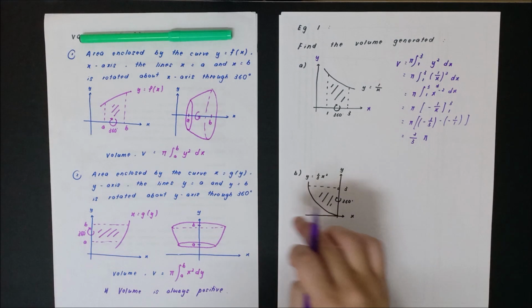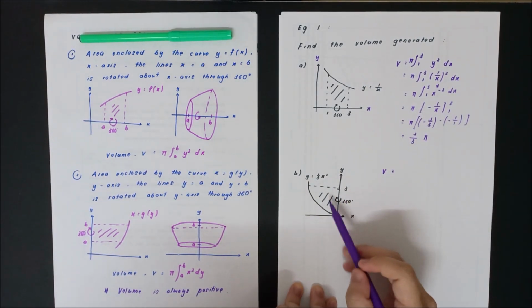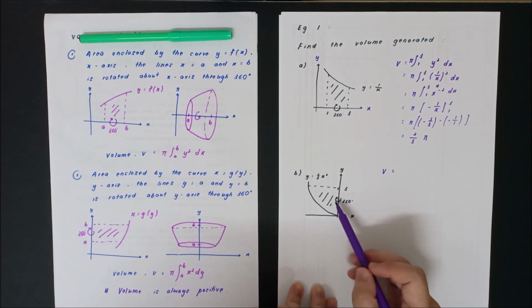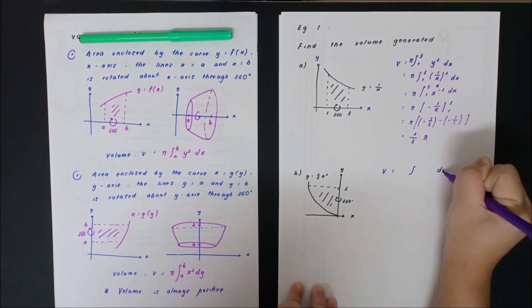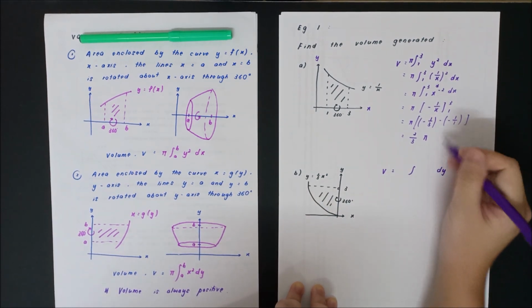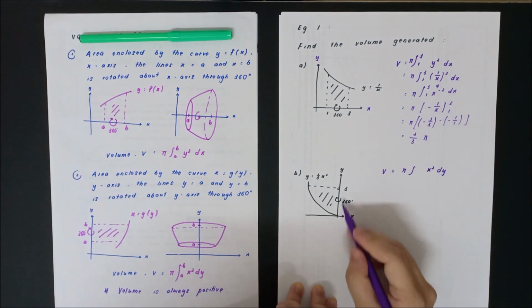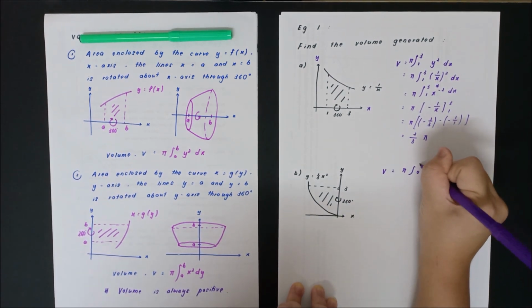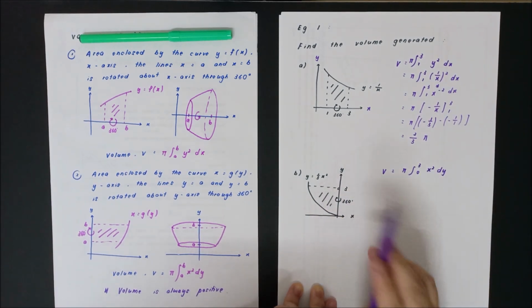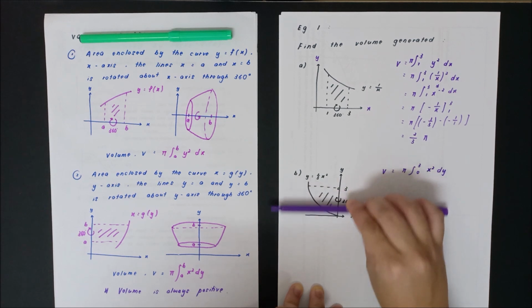Okay, so for this one, it's going to be volume equals to, so this is rotated about y-axis here, so it's going to be dy. Okay, so when you write dy, then you are putting x squared, and don't forget your pi, and then what is your limit? From 0 to 3. Okay, so remember when it's rotated about your y-axis, the limit that you get should be on your y-axis itself.